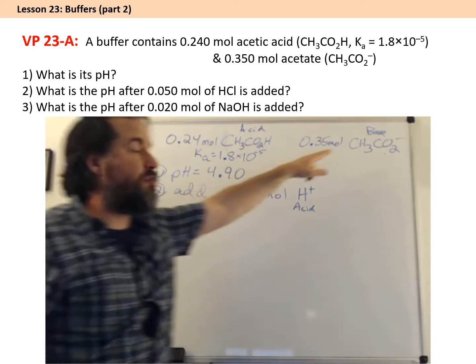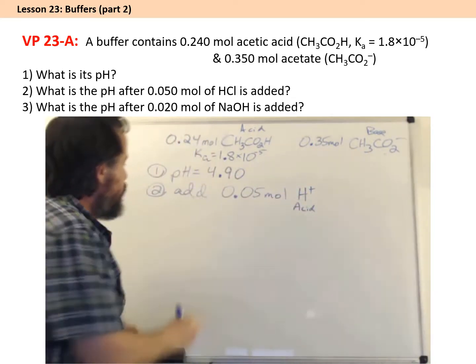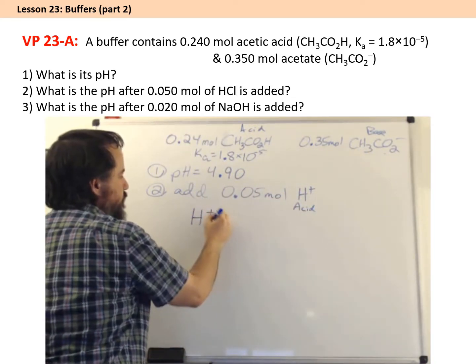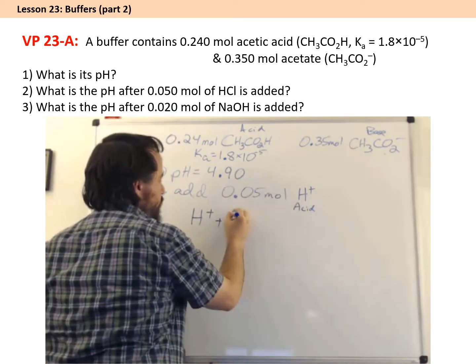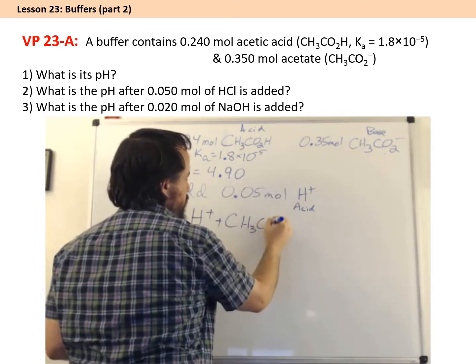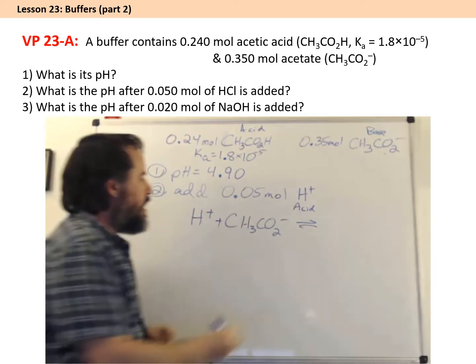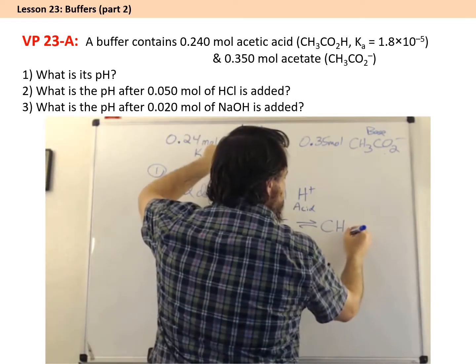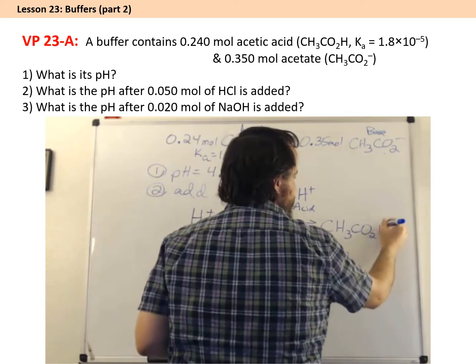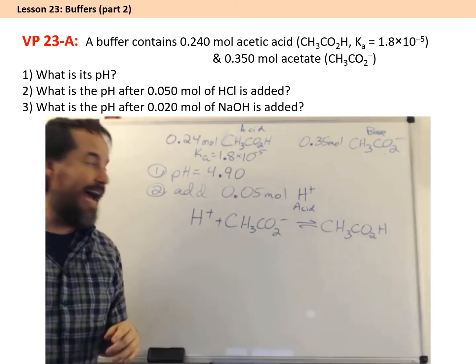It's going to react with my base. So I have H plus and my base, and when these two come together, they're going to get me the other component of my buffer, that weak acid.